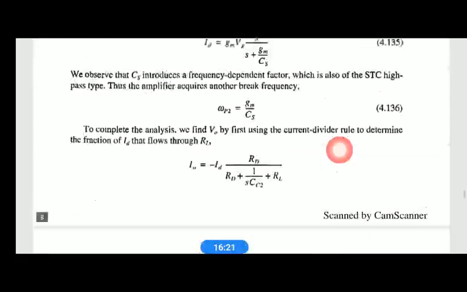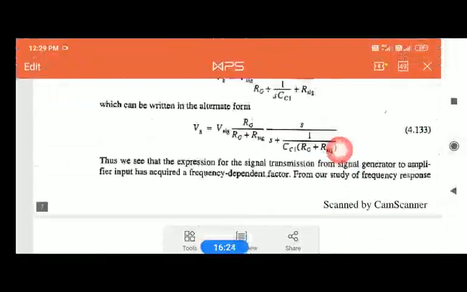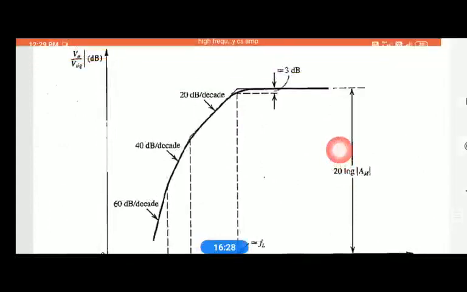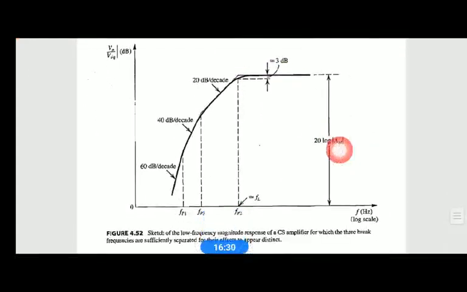We have 3 break frequencies, 3 lower cutoff frequencies, which you can see in the frequency response diagram, the frequency versus gain graph, where you can see the 3 frequencies FP1, FP3 and FP2. Practically we choose FP2 as the highest of these 3 break frequencies.